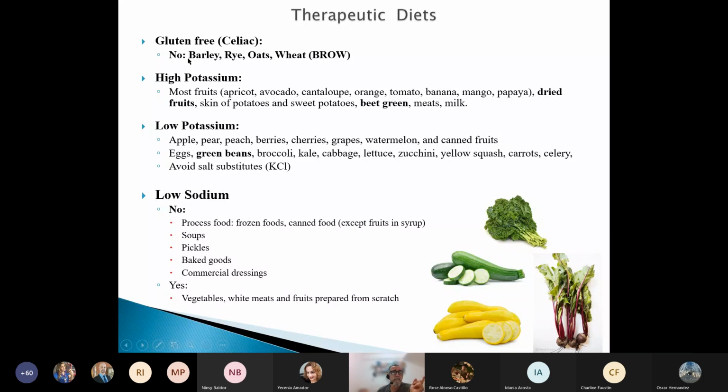So remember that it's very simple, the gluten-free diet, because I think that I taught that very well. Any other person who has not been my students can easily remember that barley, rye, oats, and wheat are the only 4 grains that contain gluten and needs to be eliminated in celiac disease.